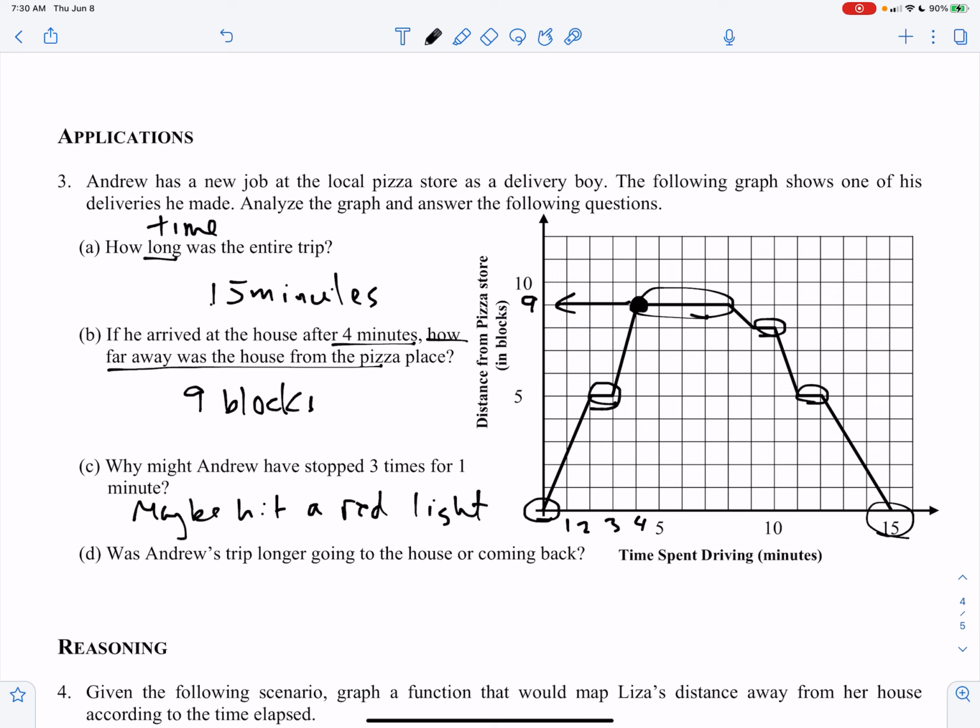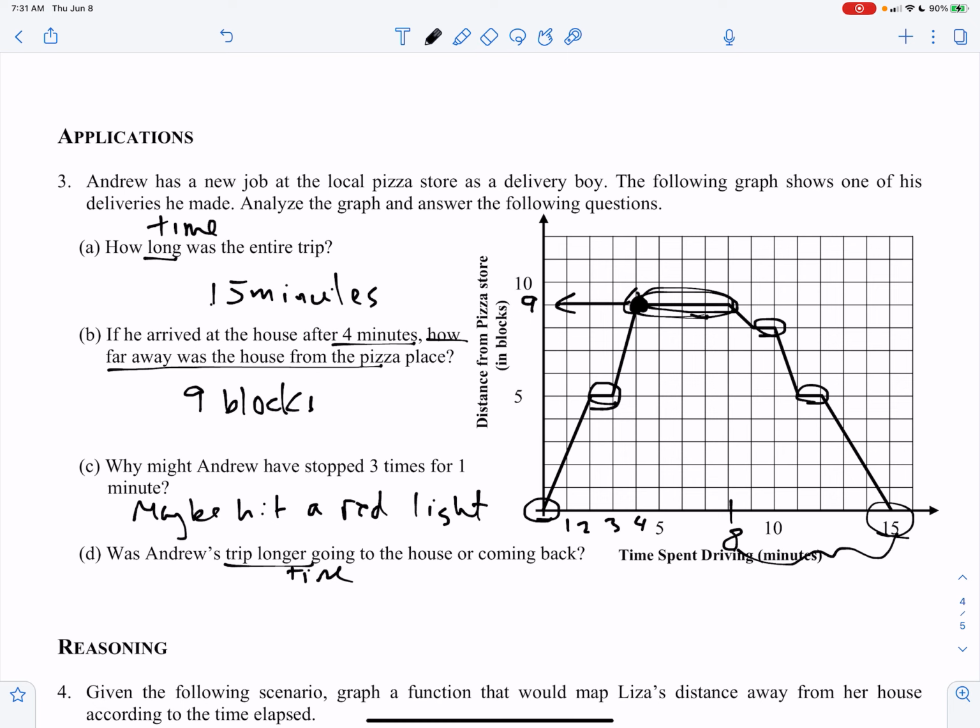Now, was Andrew's trip longer going to the house or coming back? Longer, we're talking about time, mind you, not distance. So going to the house, it looks like he gets there in 4 minutes. It looks like he spends 4 minutes at the house delivering the pizza. And then from 8 to 15 minutes, he's coming back.